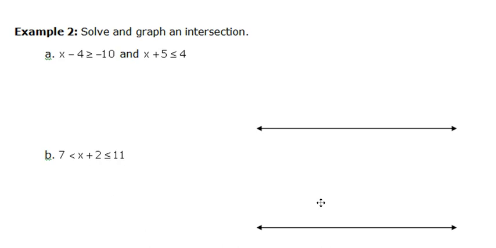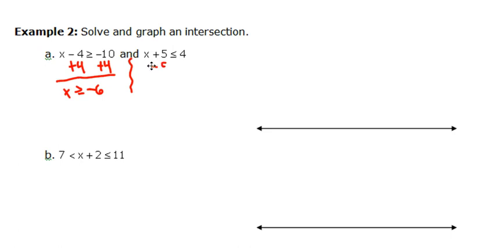So let's look at another example. Here it says solve and graph an intersection. So we have x minus 4 is greater than or equal to negative 10, and x plus 5 is less than or equal to 4. What you're going to do is solve them like two normal inequalities, like we learned. So I would add 4 to both sides on this one, and I get x is greater than or equal to negative 6.